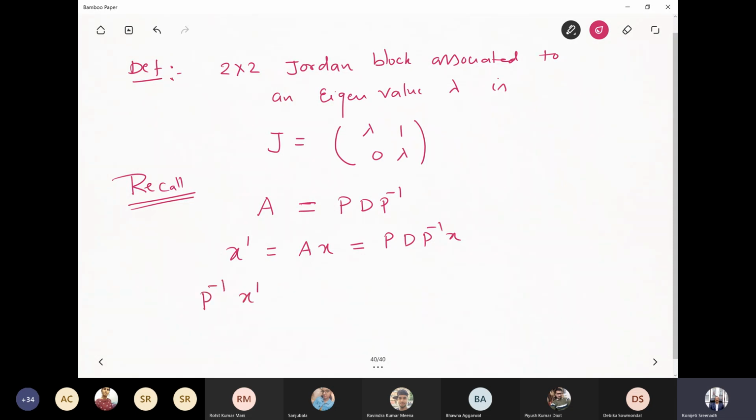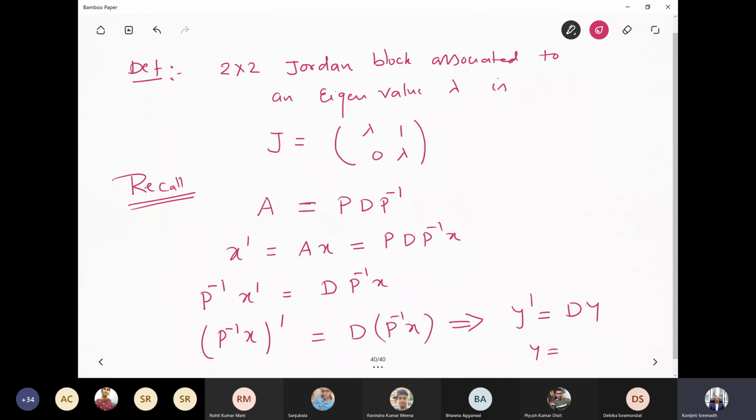I get P inverse X prime equals D P inverse X. If P is a constant matrix, and we are talking about constant matrices only, then this is nothing but P inverse X and its derivative is D into P inverse X. So we have y prime equals Dy, where y is P inverse X.